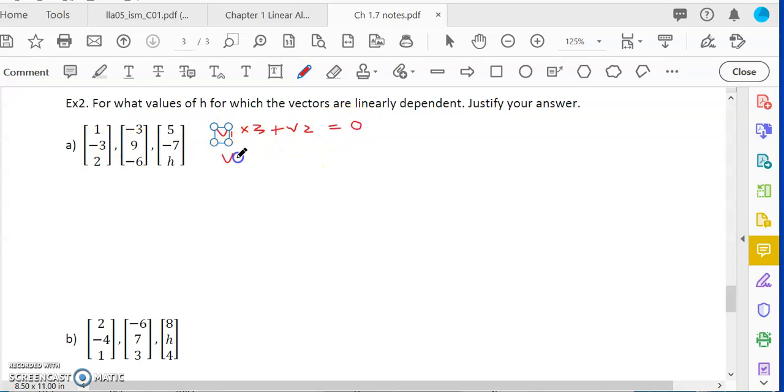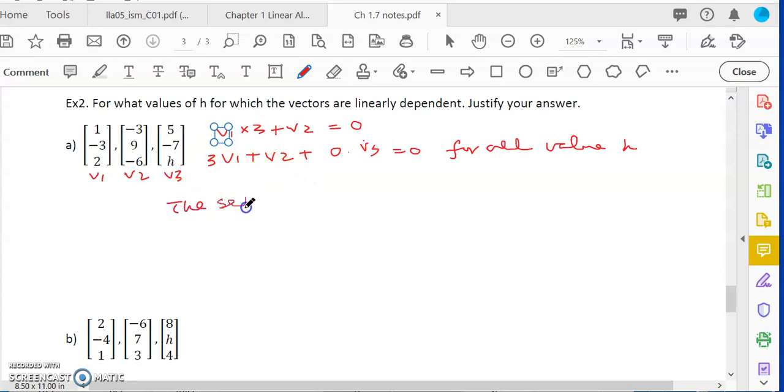So without worrying about V3 at all, I can just multiply V3 by 0. It is already equal to 0 for all values of H. I don't care what H is, because I don't need V3 to get these weights. So the set must be dependent for any value of H.